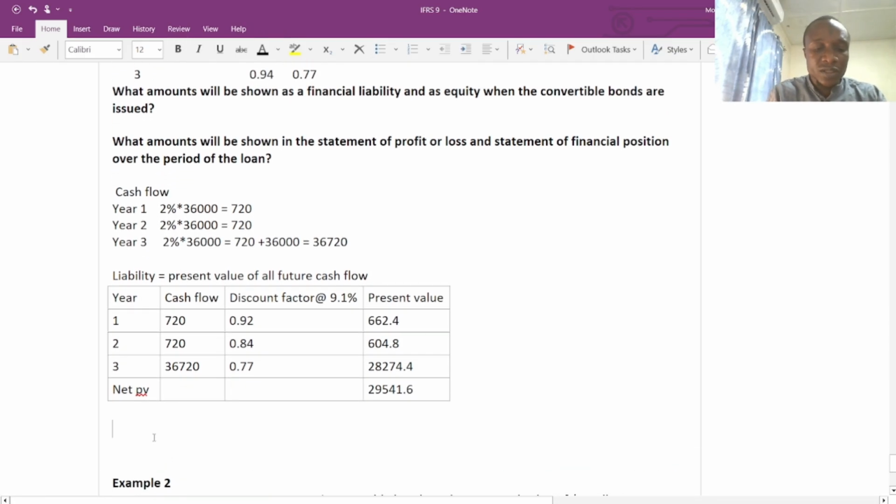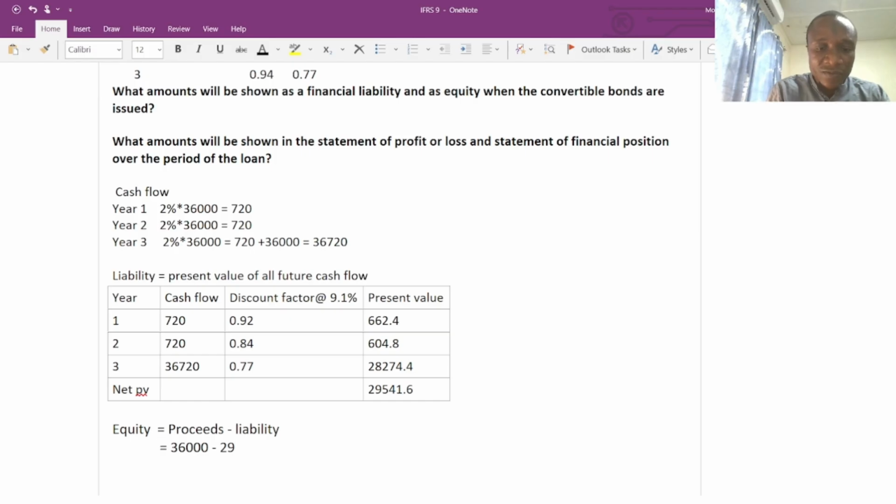So now we are going to split the equity. The equity equals the proceeds minus the liability. The proceeds is 36,000. 36,000 minus the liability of 29,541.6 will give us the equity.